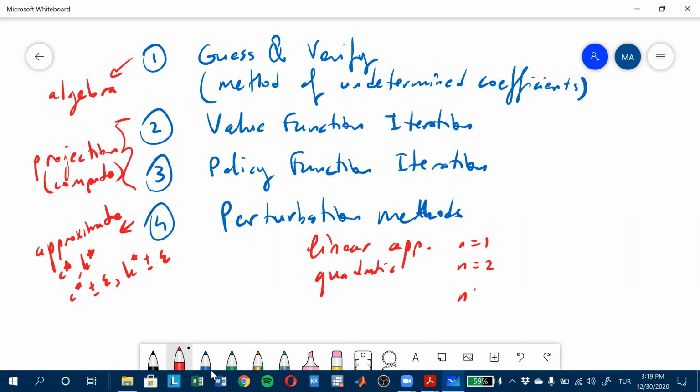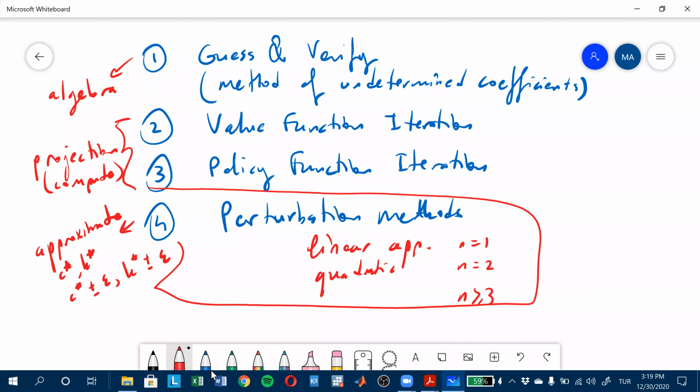So the order could be even larger, all right? I will talk about this. Not spend so much time on this, but I will show you how you can do it on the computer as well. Okay. So let's start with guess and verify. It's very simple. It is not suitable for all problems that you're going to face, but it is intuitive. All right. So let's try to understand it.